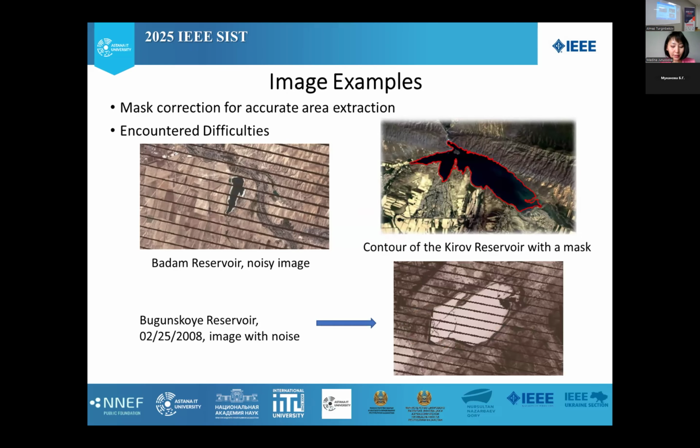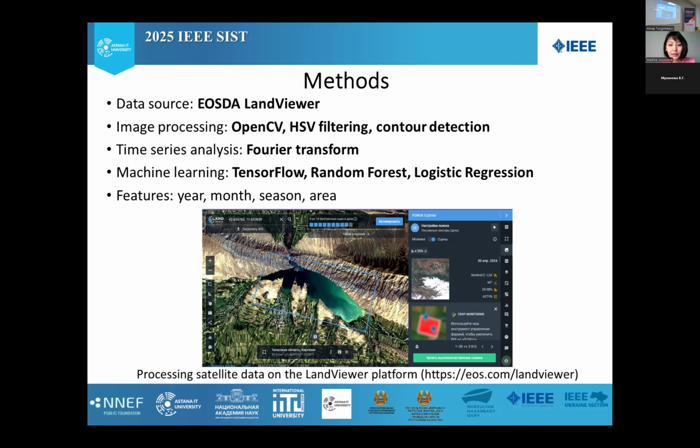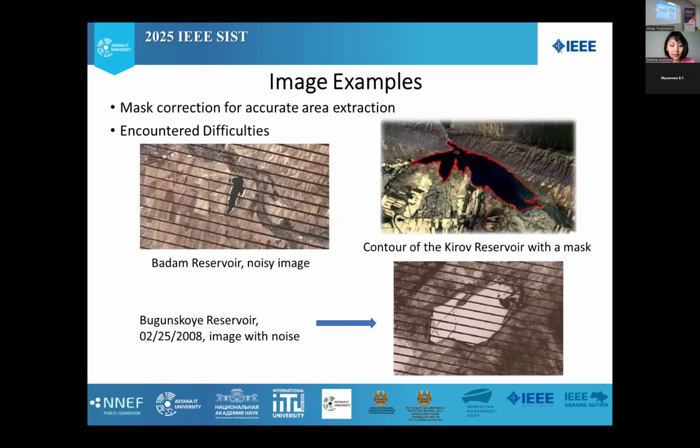For classification, machine learning algorithms were used, in particular the random forest algorithm, which was trained on data that included year, month, and season features.